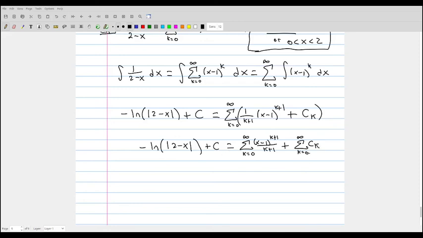You can just call this an arbitrary constant d, and really, if you want to, the difference between these two sums, this value c and this sum right here, is also an arbitrary integration constant.